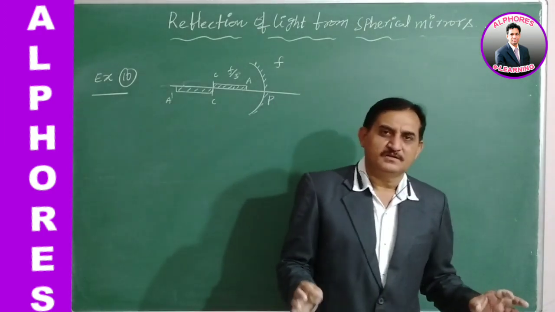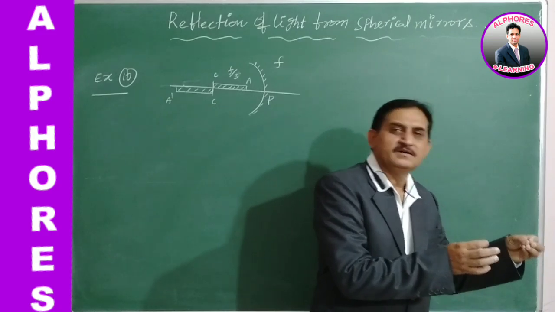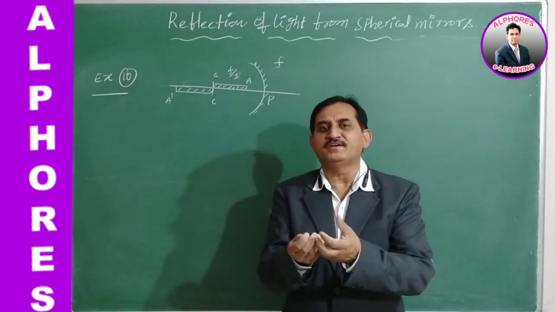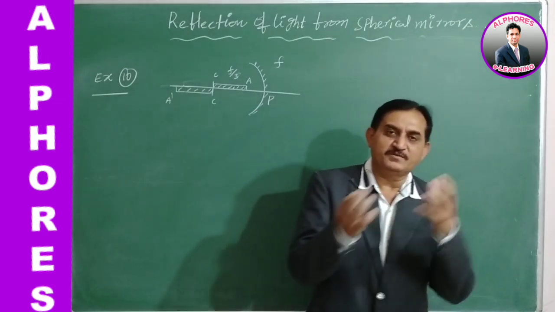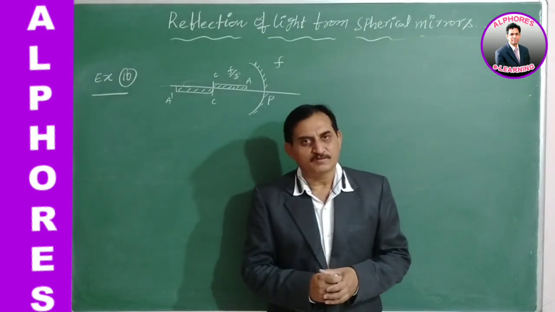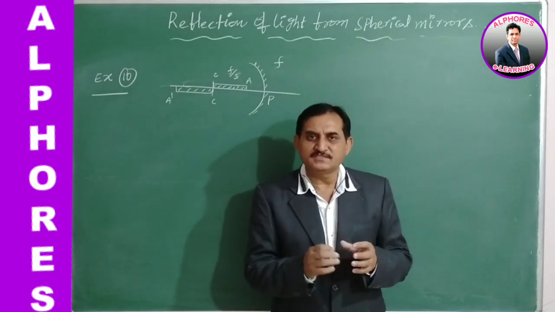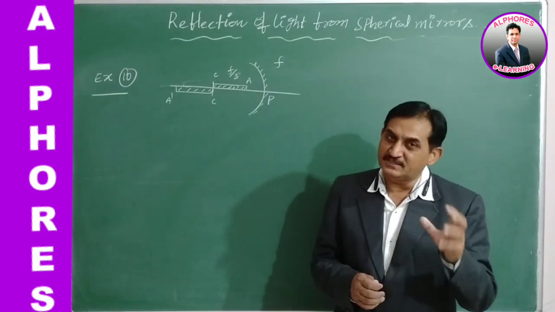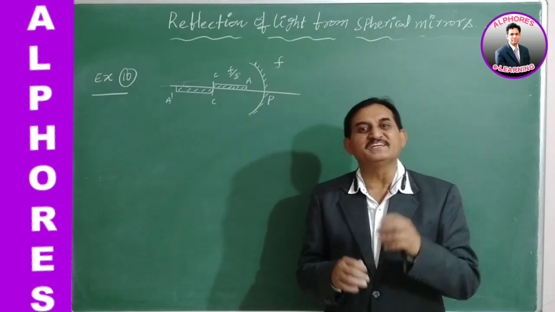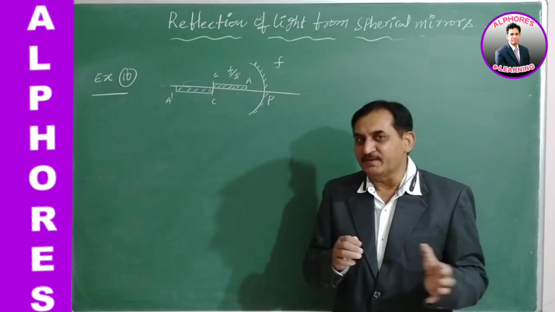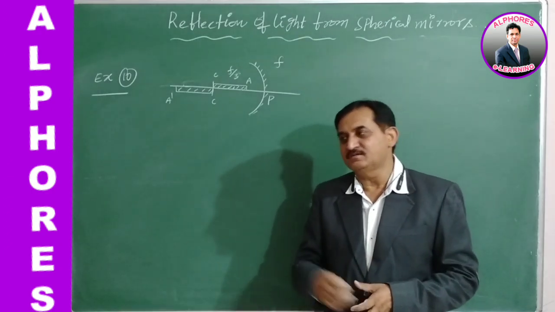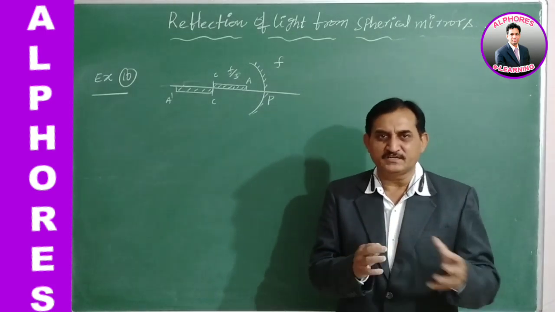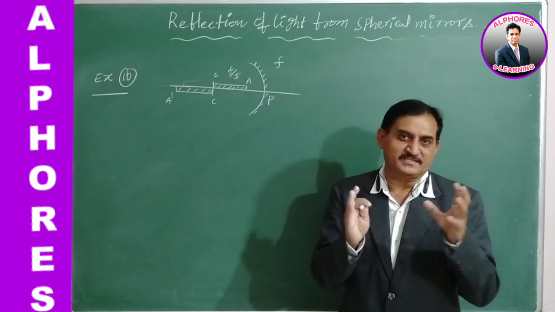Why is the closer point's image formed far away, and the point far from the mirror has its image formed closer to the mirror? The reason is that a real image is formed. For the real image, which is inverted, the closer one becomes the greater distance and the point at greater distance becomes closer. We should take this point into account carefully while solving the problem.